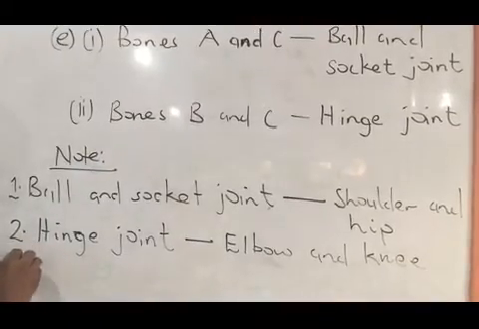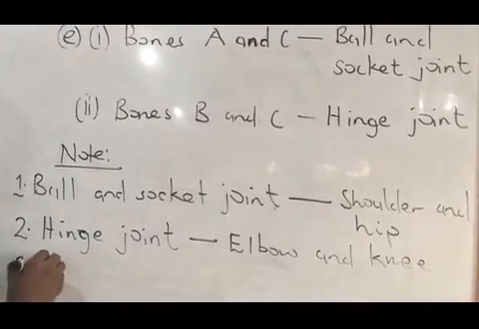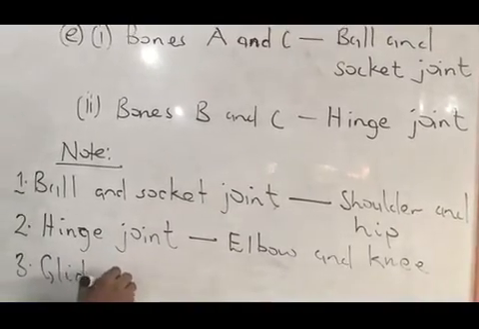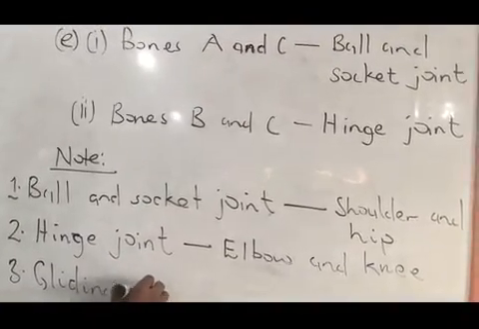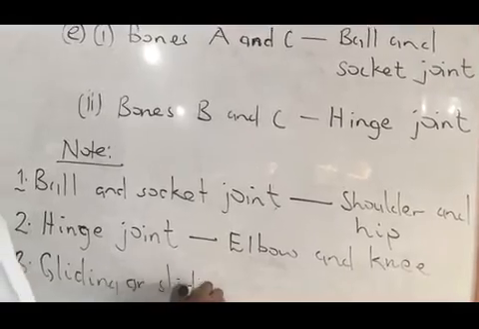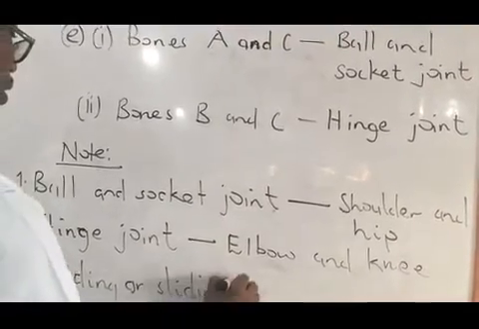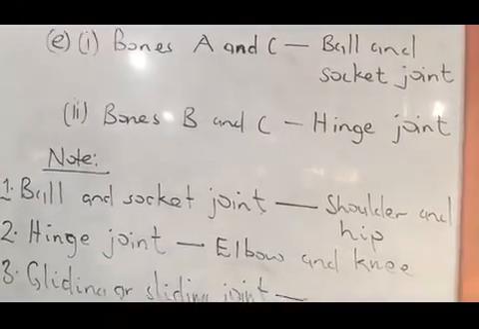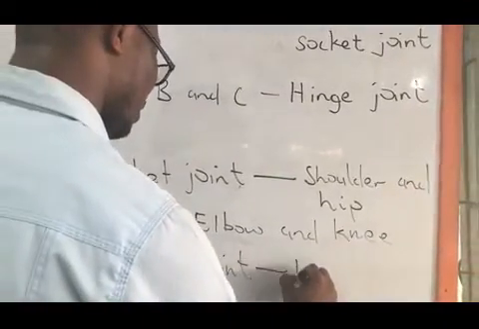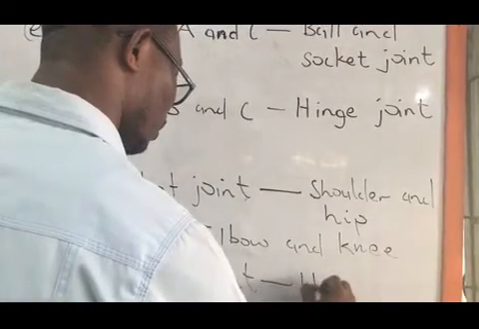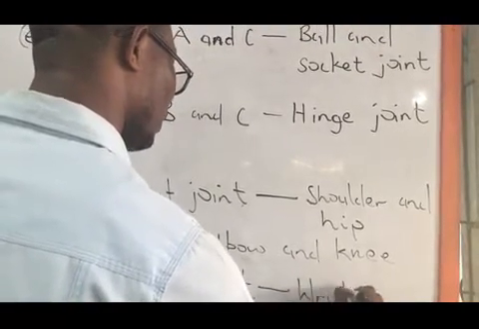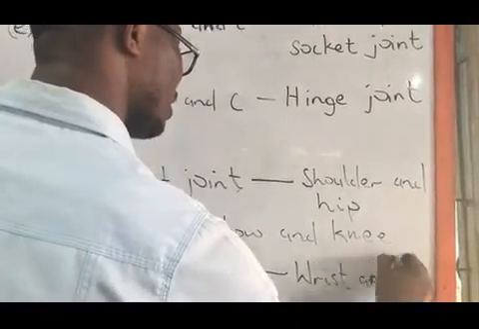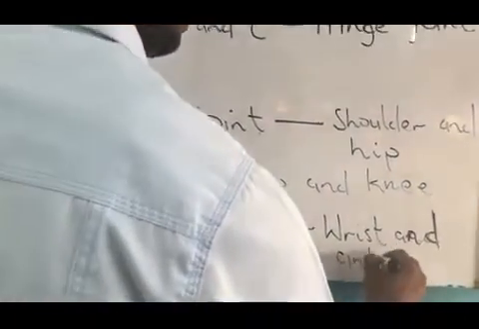And then we also have the gliding or sliding joint. That one is found in the wrist and ankle.